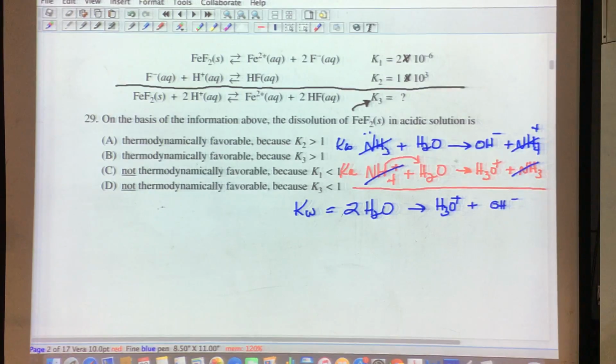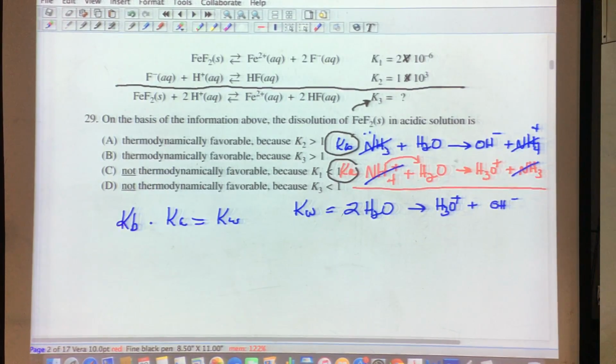And what we learned: Kb times Ka equals Kw. So I did teach you that equilibrium constants of individual steps will equal the overall when you multiply them if they cancel out to the overall process. That's important. That does pop up. Equilibrium constants are multiplied together. Kind of like a little Hess's law with them.